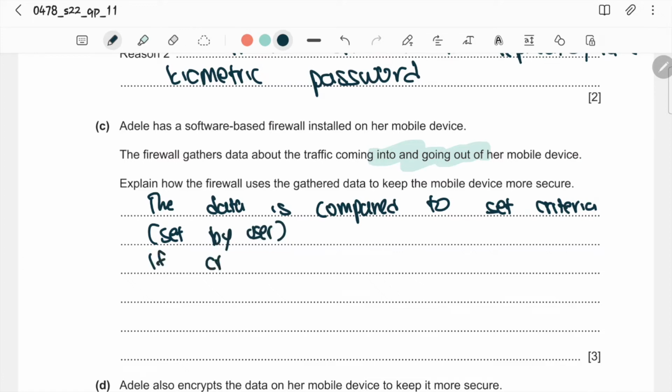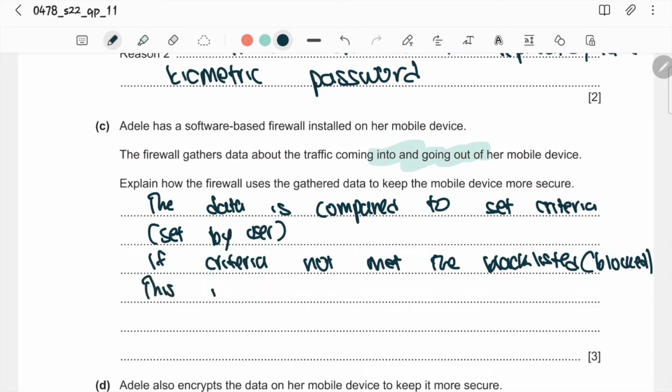So if the criteria are not met, then it is blacklisted, or we would say blocked. And this will prevent hackers. Okay, and that's why it makes it secure.